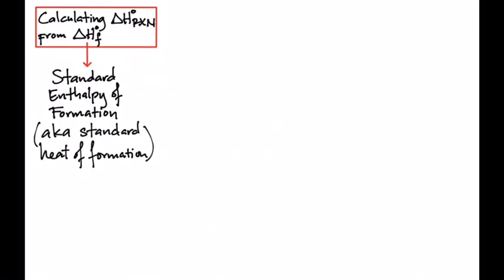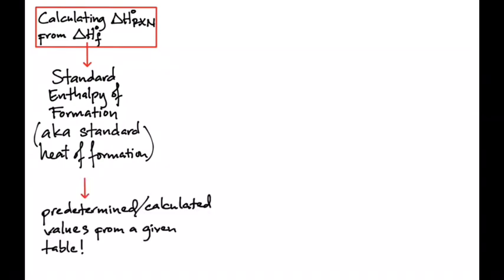So how do we identify the delta H of reaction from standard enthalpy of formation? Well, these standard enthalpy of formation values are already calculated and predetermined from a given table. So you can just look at the delta HF values from a given table to calculate the delta H of reaction, or standard heat of reaction.